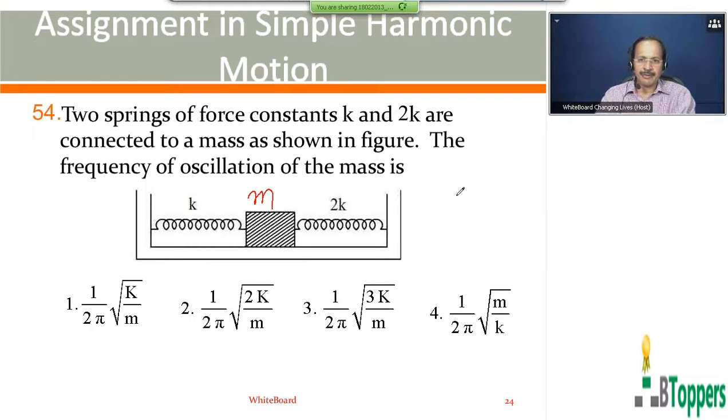This question was given in one of the All India Institute of Medical Entrances exams. I think in 2005 or so. Come on, take a pause and try this question.